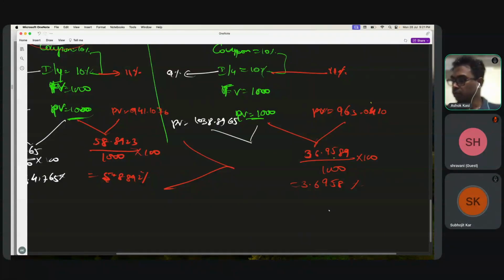So the difference is 38.8965, divided by 1000, 3.88965 percentage. So again, which is more sensitive? The longer one.